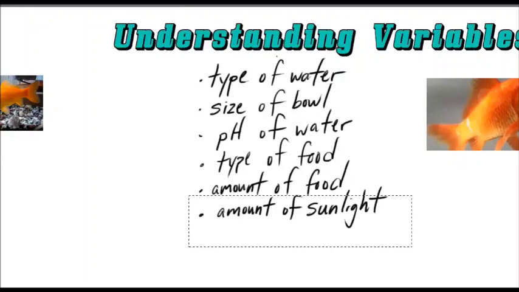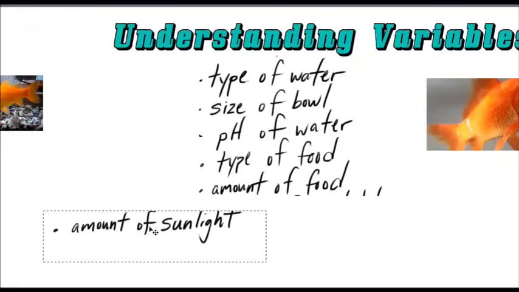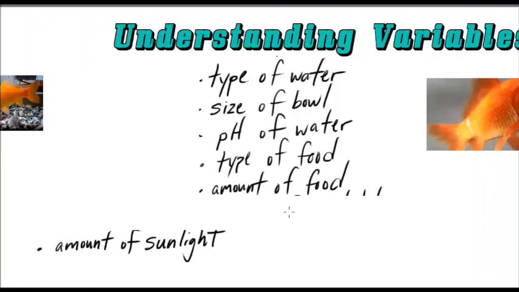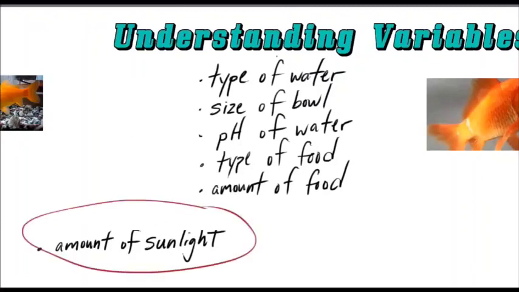So the one that's going to be separate from the rest, let's see if I can separate these here. Let's see if I can move that, there we go. So the one that's going to be separate from the rest would be the amount of sunlight. So the amount of sunlight is now independent of the rest. If you're independent, that means you're by yourself, you are able to take care of yourself, you're set aside. Now we have this variable that's different than the rest, the amount of sunlight.